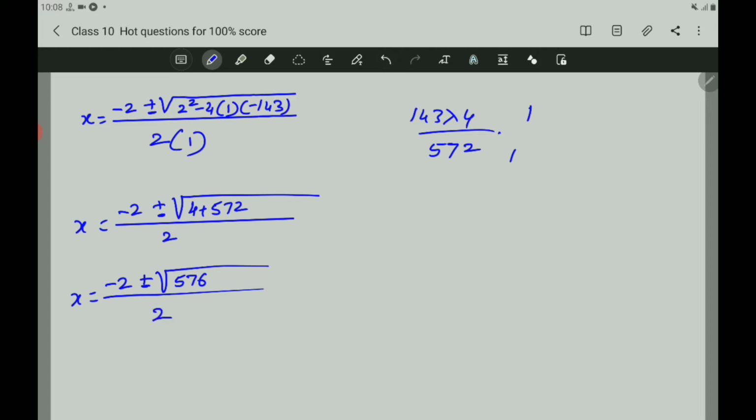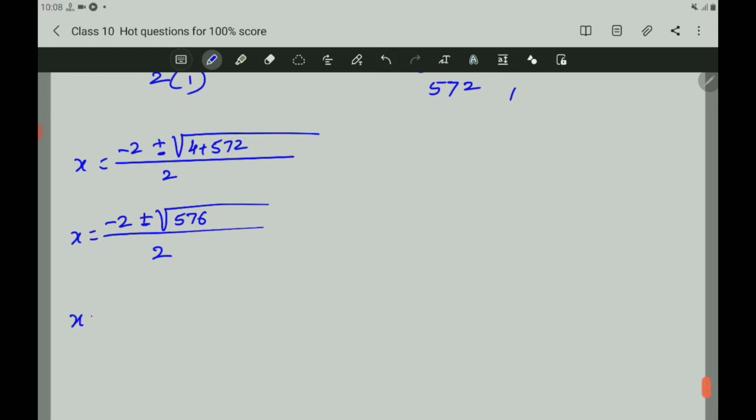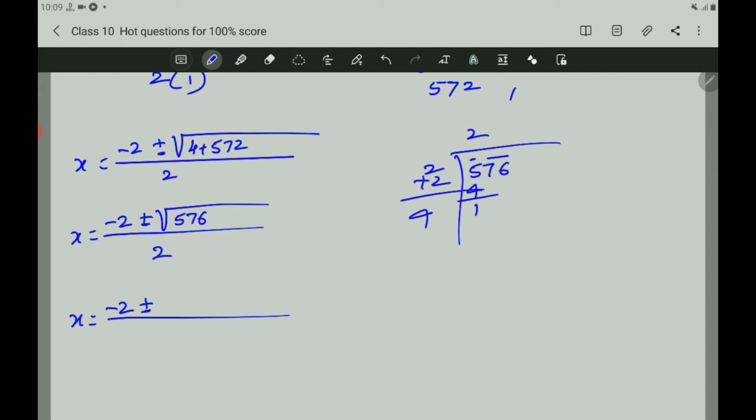That divided by 2. x equals minus 2 plus or minus, then what is the square root of 576? You must know the square root of 576, or otherwise use the method. Make the groups here. 2 2s are 4, 5 minus 4 is 1, plus 2 add here, that becomes 4.